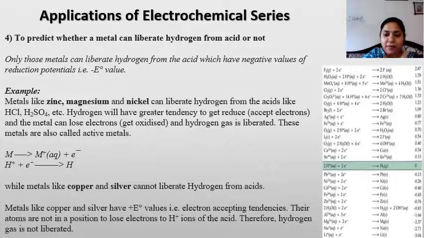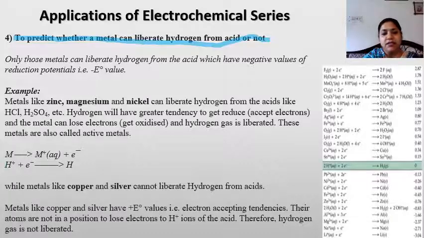Next application is to predict whether a metal can liberate hydrogen from acid or not. So how can we predict whether hydrogen will be liberated from acid or not? To liberate the hydrogen from acid, hydrogen should be reduced.